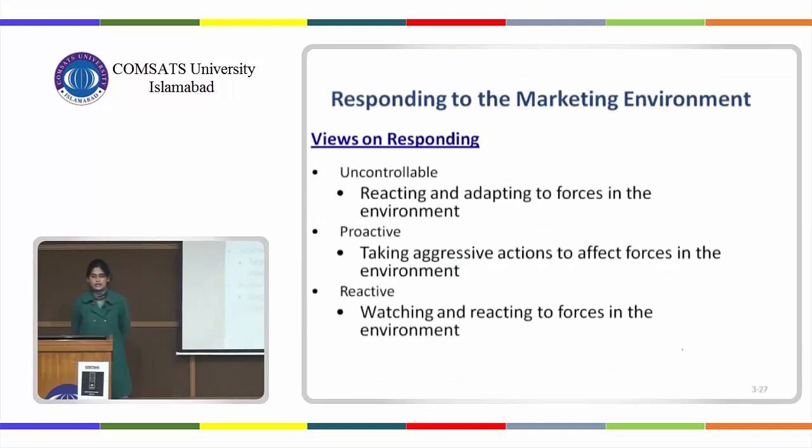Now responding to the marketing environment. We talked about the marketing environment being in continuous flux. It's continuously changing. What do you do with that changing environment? You would rather be proactive, or you would be reactive, or you would not do anything about it. So you would consider these factors uncontrollable and would adapt to these factors. That would be treating them as uncontrollable, right?